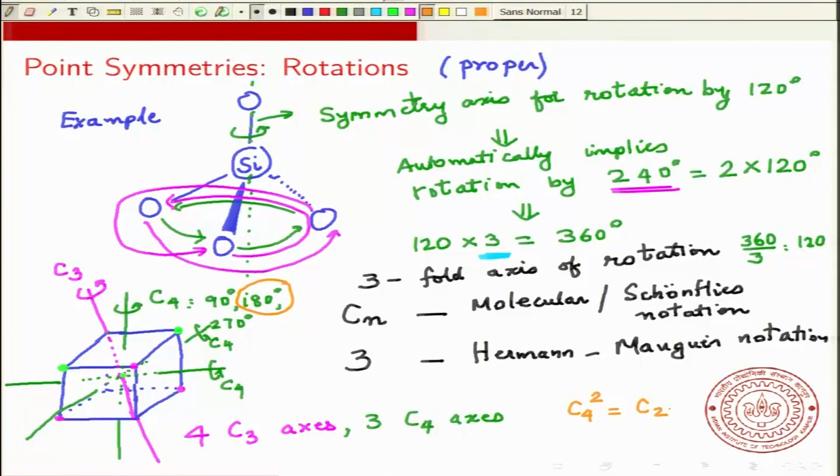So if you do 90 degrees and 90 degrees, you get 180 degrees. 180 degrees is 360 divided by 2, so that's a C2 operation. So the symmetry operation C4 squared is the same as C2. Okay, and so when a C4 axis includes in it a C2 axis, you could have additional axes that are C2 axes but not C4 axes, and that is also possible.